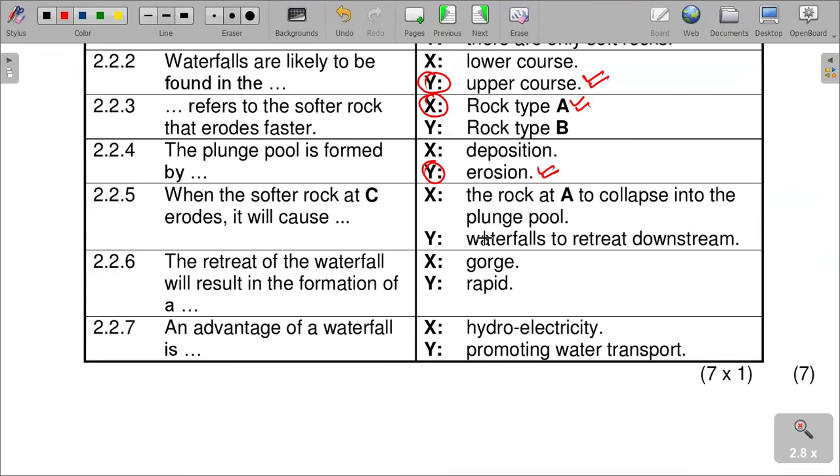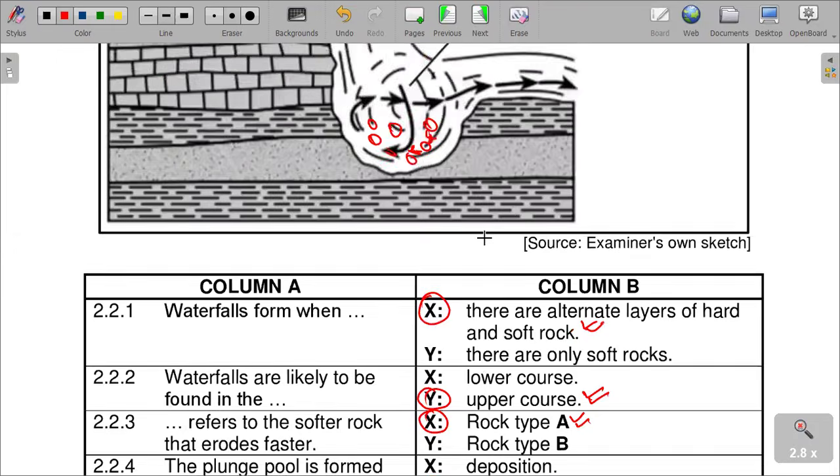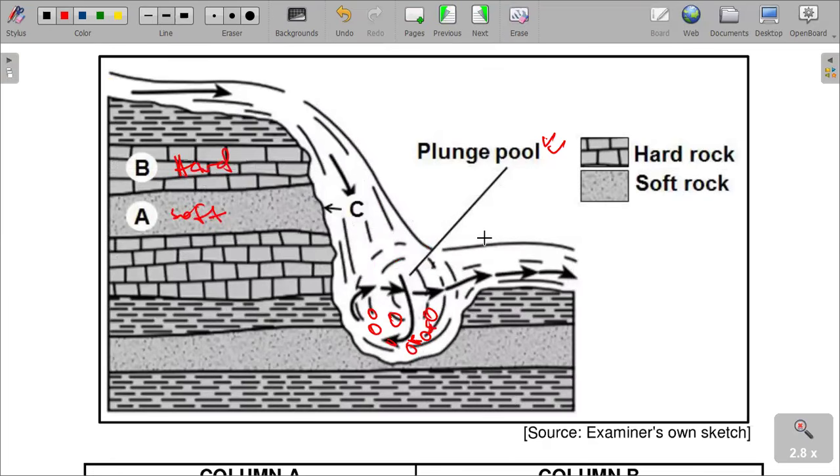When the softer rock at A erodes, it will cause what? The question is referring to the migration, where the softer rock is eaten inward and only the overhang remains.